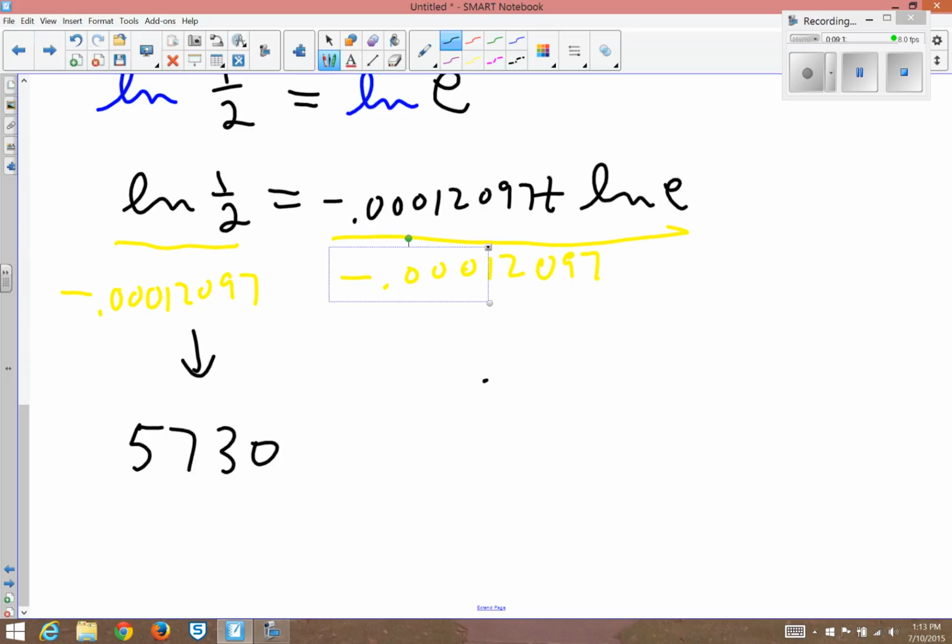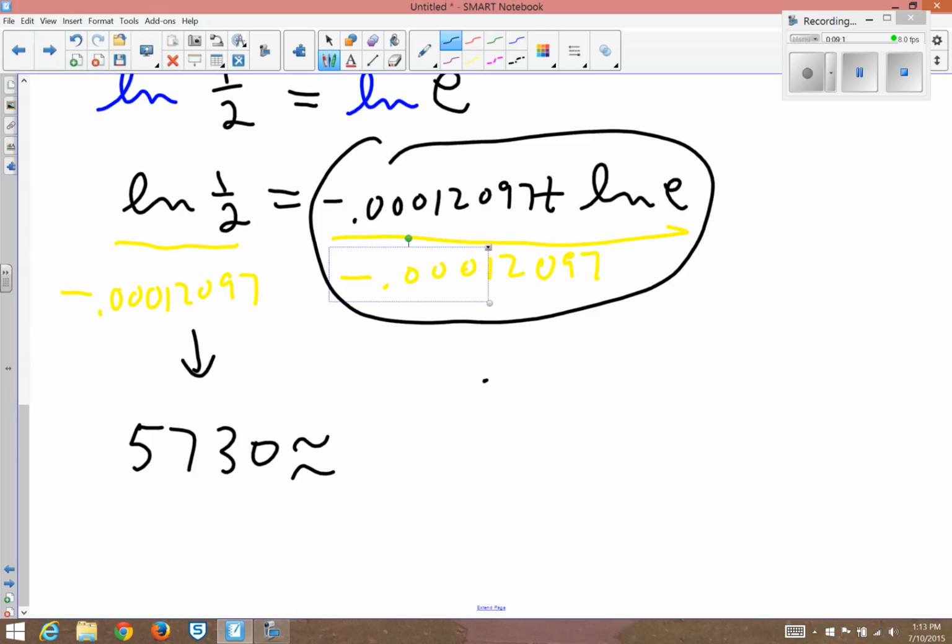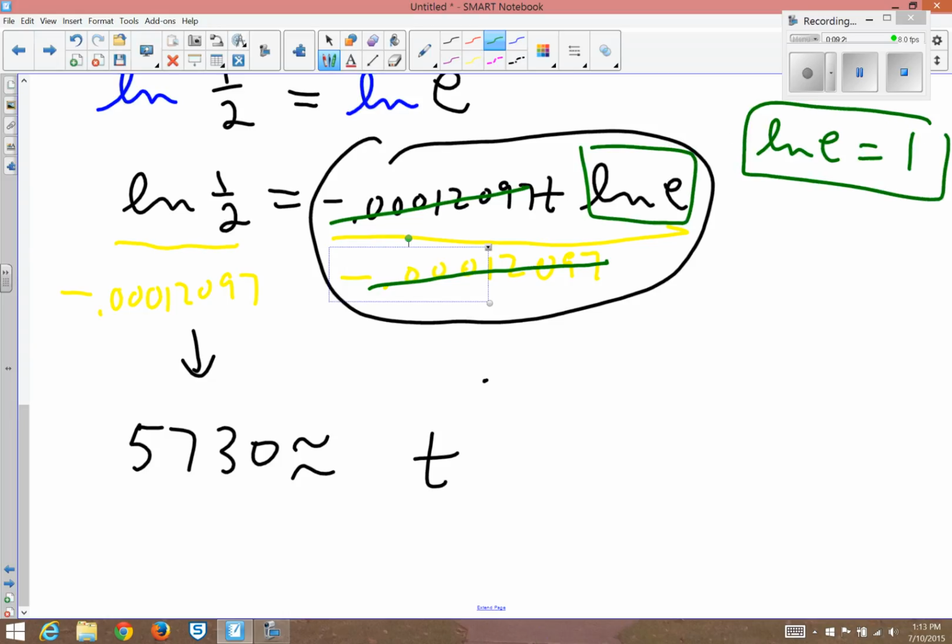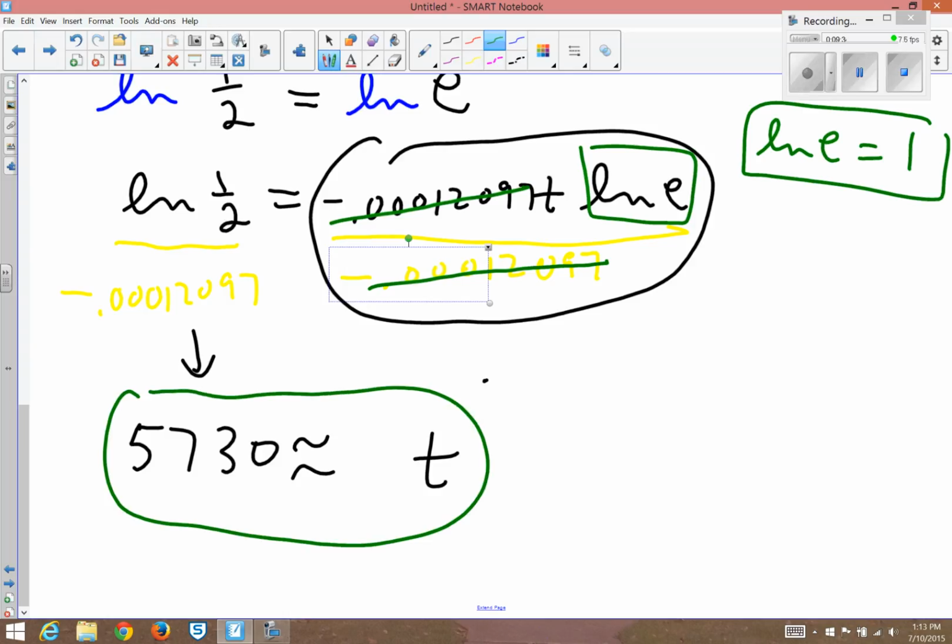That's an approximation. This side of the equal sign over here will just be t, because this number cancels with this number, and the natural log of e is 1. So that's the time it takes for the 200 grams of carbon-14 to become 100 grams: 5,730 years. And therefore, we call this number the half-life of carbon-14.